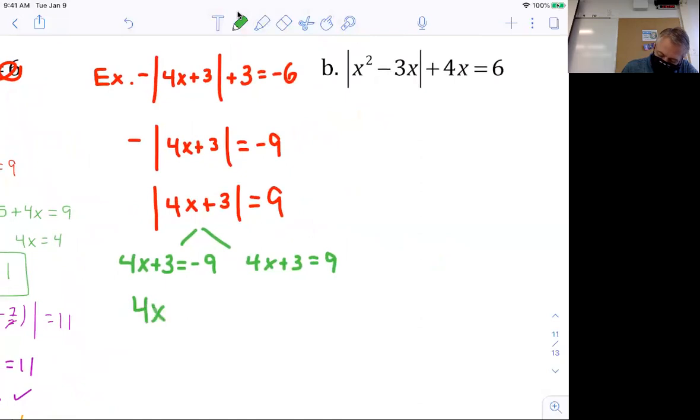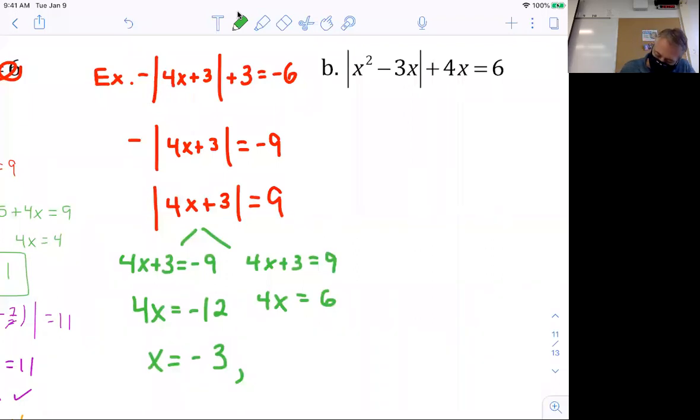So we have 4x is equal to negative 12. And x comes out to be negative 3. That's one of our answers. And we get 4x equals 6 on the right side.